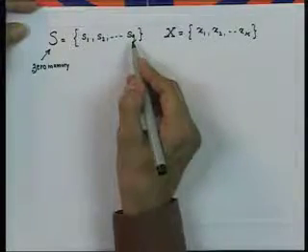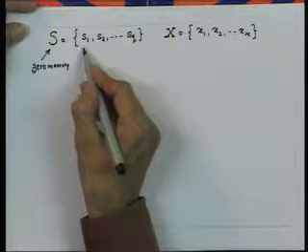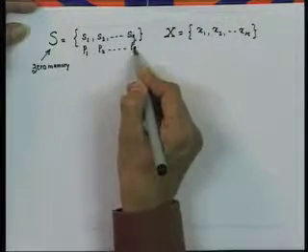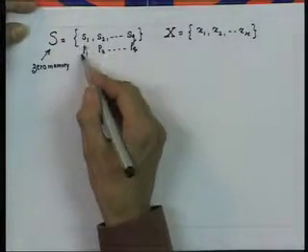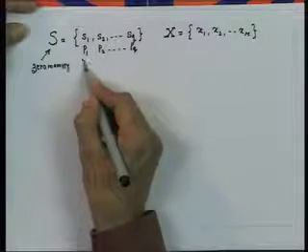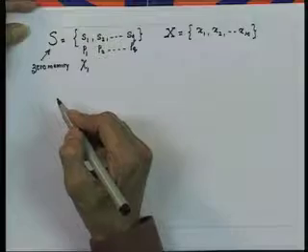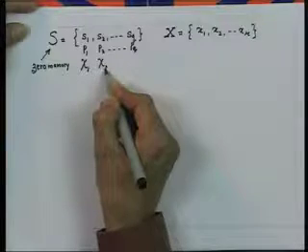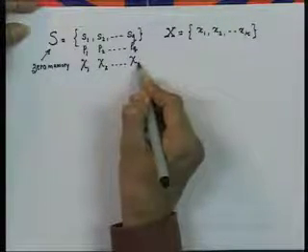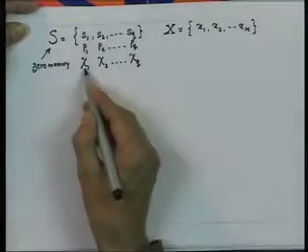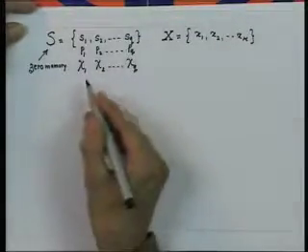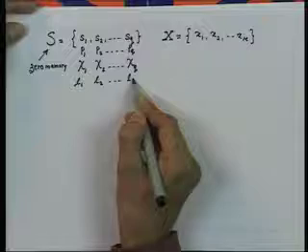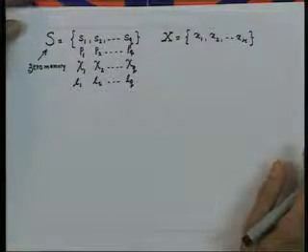With these source symbols are associated the probabilities P1, P2 up to PQ, and with each of these source symbols are associated the code words composed of code symbols from this code alphabet X. So, associated with these code words, we have the lengths L1, L2 up to LQ.